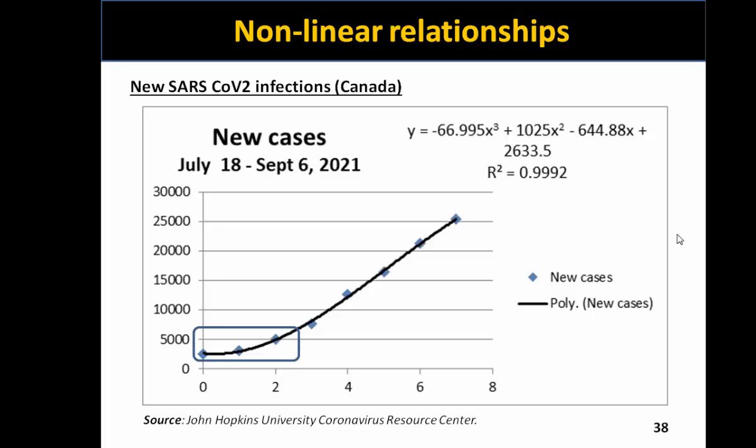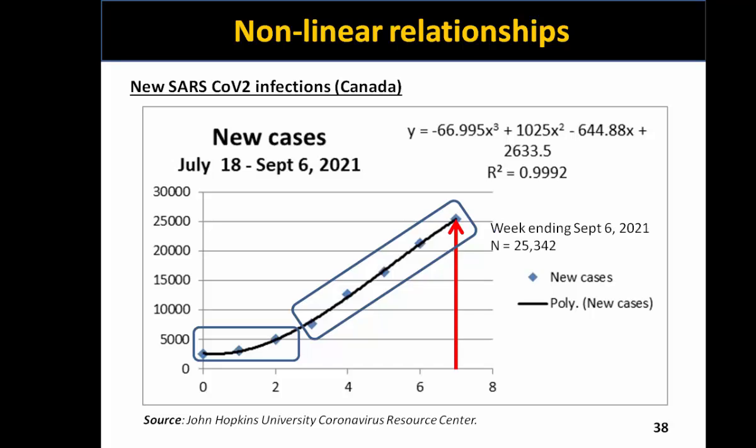What we see here, approaching the latter part of the summer, July 18th and the following weeks, is a rather slow increase in the number of weekly reported infections in Canada. Then on a week-to-week basis the number of reported weekly cases continues to rise.